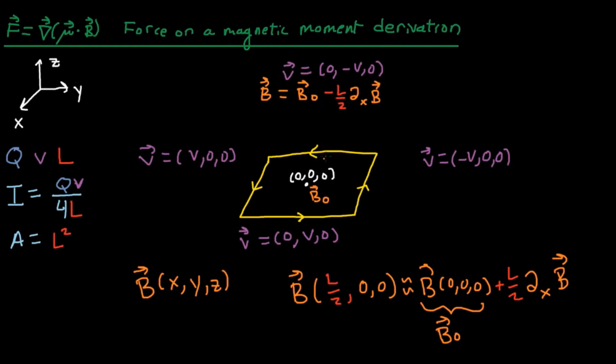So you might be saying, well, wait a second, that's what the value of the magnetic field is at this point, this point being (-L/2, 0, 0).